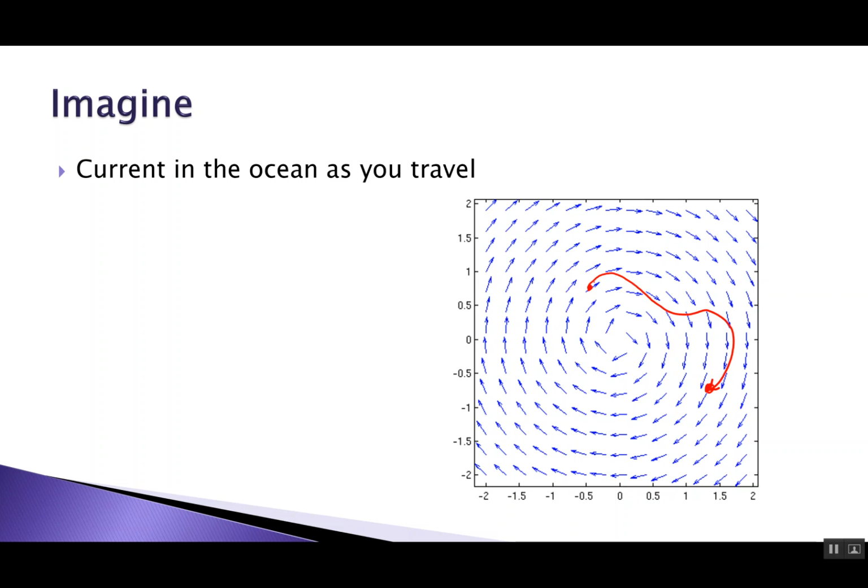So at every point along here, you've got these vectors working on the path that you're moving. So you're moving in this direction. Now the force from this current is going to contribute to your path. So you've got some positive work done.